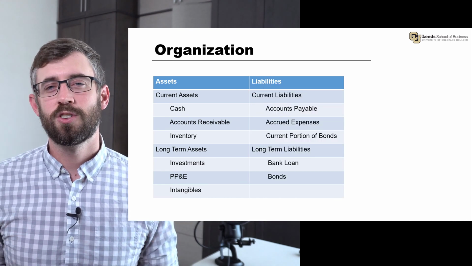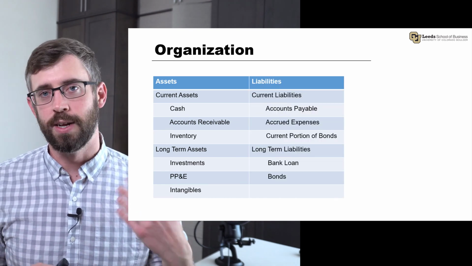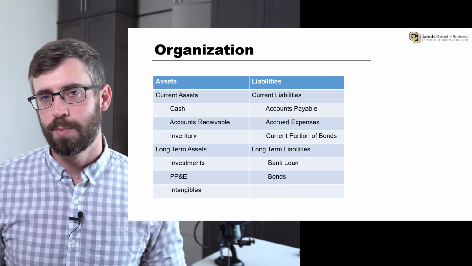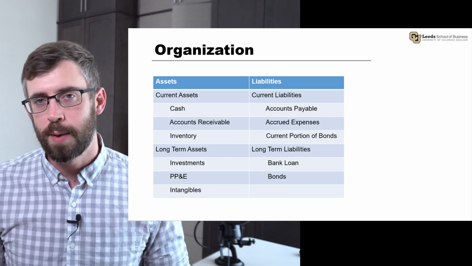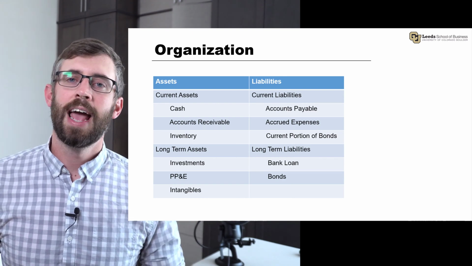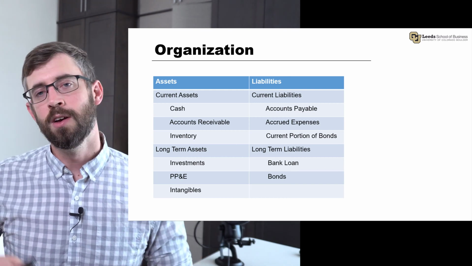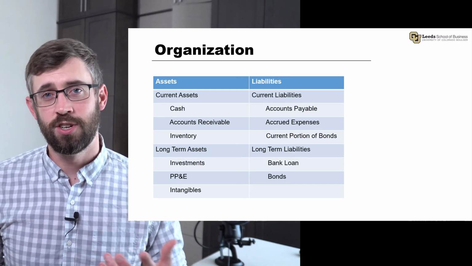And we see a similar split with our liability side between current and non-current, where our current liabilities are things like accounts payable, accrued expenses, deferred revenues, and we have some long-term liabilities like long-term debts, either loans from the bank or bonds that we've issued, that sort of thing.